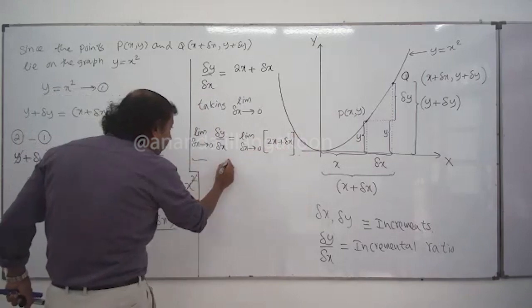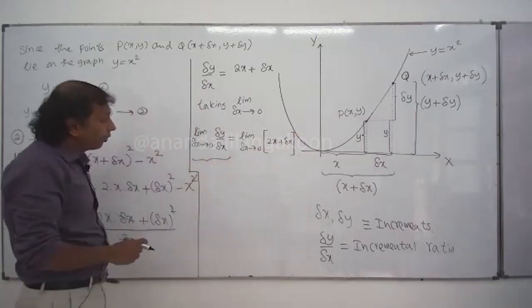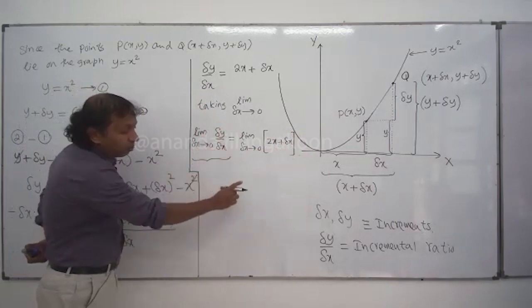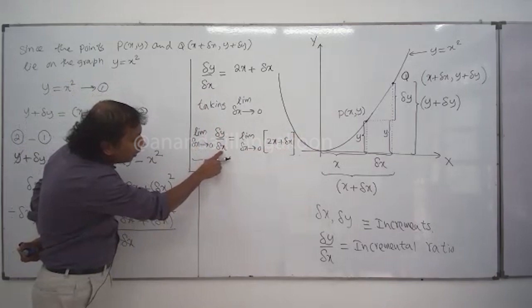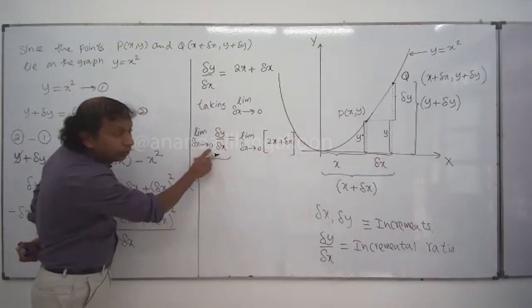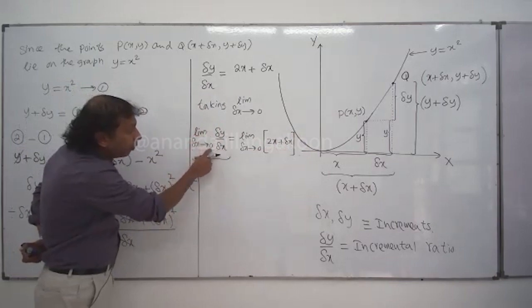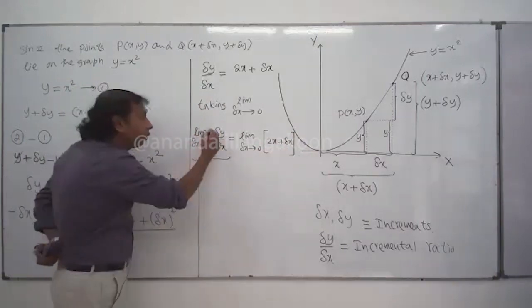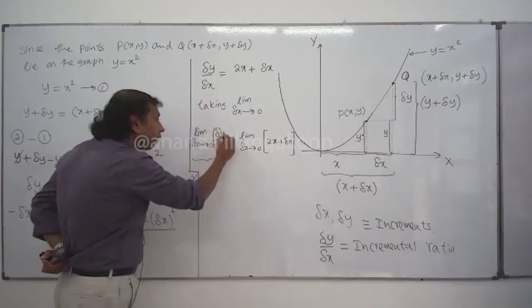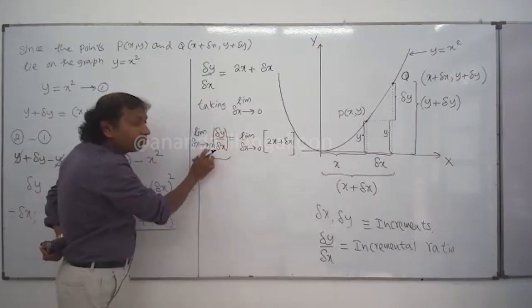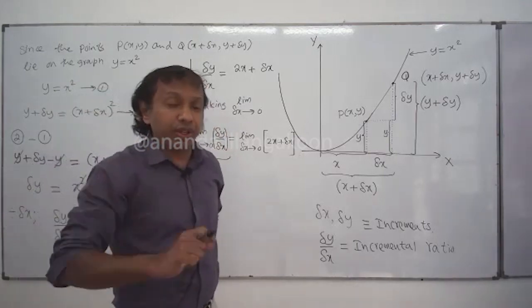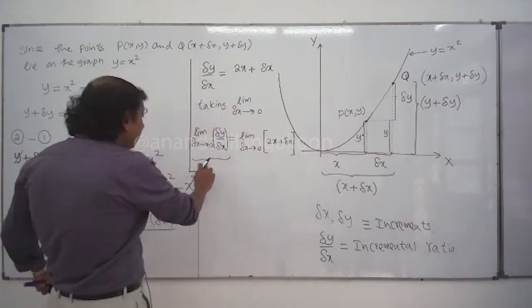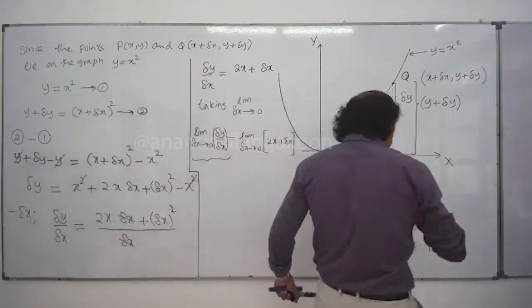And the other thing is, people, here the left hand side, delta y by delta x is called the incremental ratio. In that incremental ratio, the denominator delta x is going to 0 here. On that occasion, this limit delta x going to 0 of delta y by delta x, this whole thing, we denote by a new notation, dy by dx.